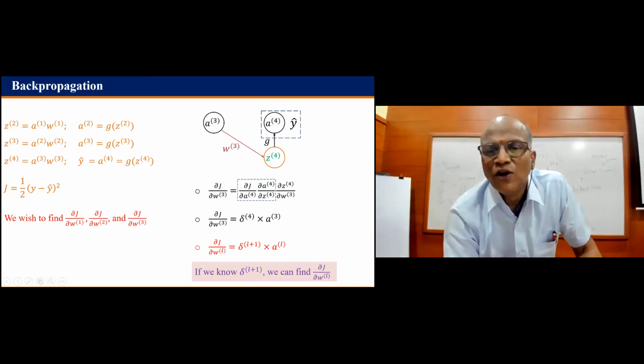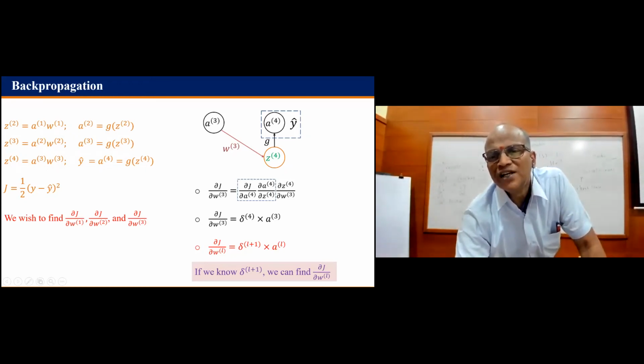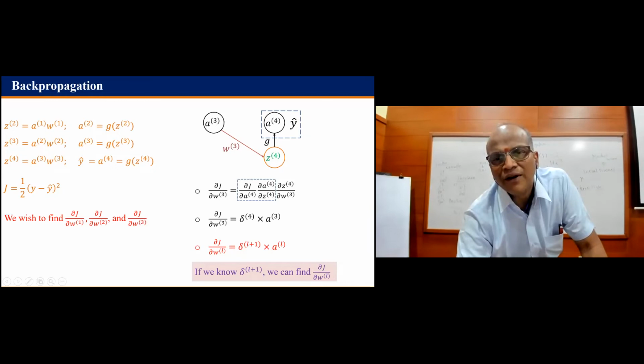So dou J by dou W3 is del 4 into dou Z4 by dou W3. I repeat, dou Z4 divided by dou W3 is nothing but A3. Therefore, del 4 into A3.